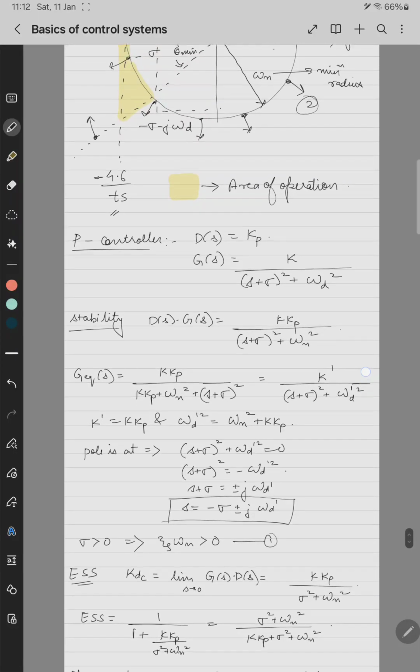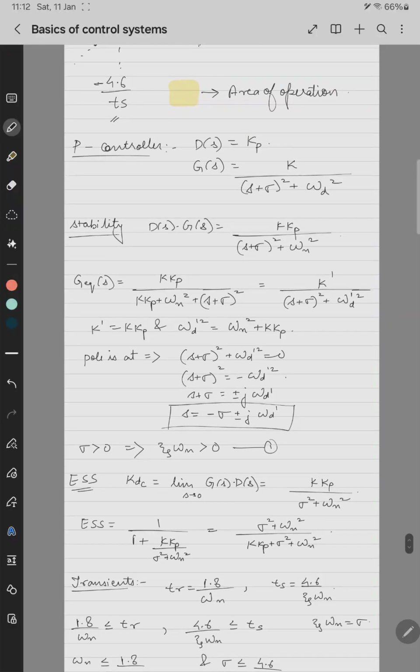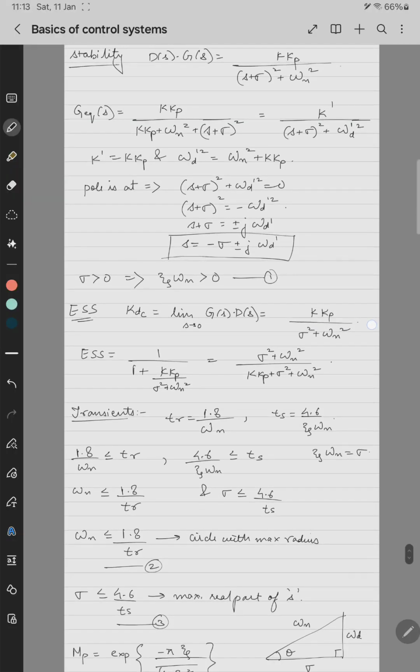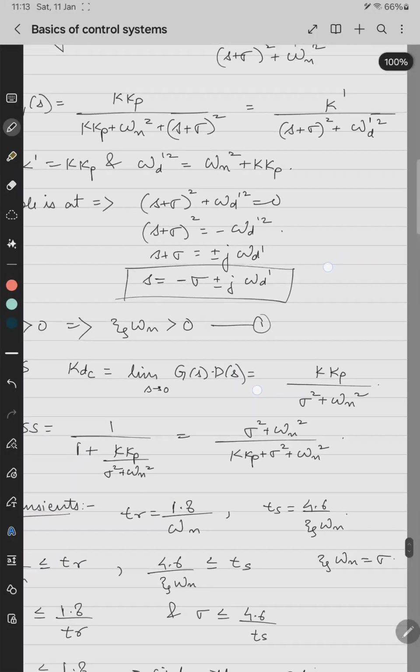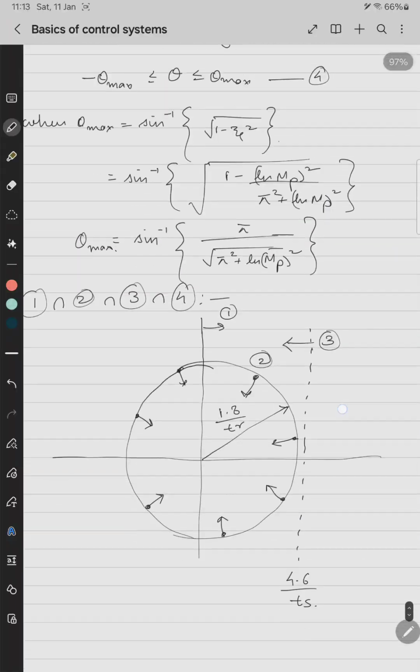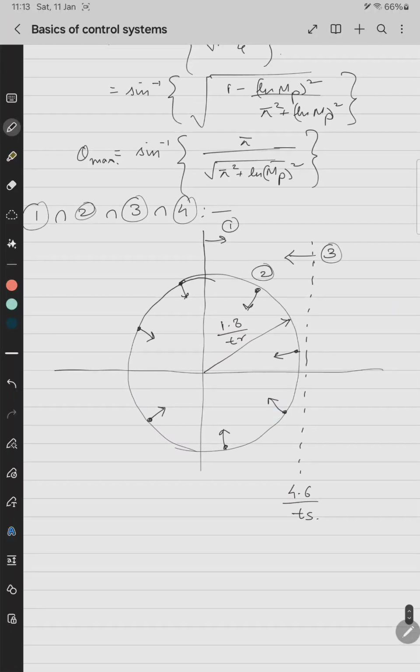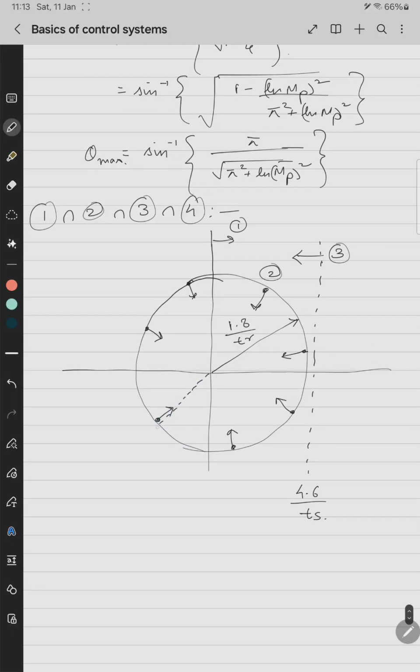As I said, using the proportional controller, the second order system remains a second order system only. So basically its real part will be on the left hand side of the axis. This will be theta max and this will be theta min, meaning minus theta max.